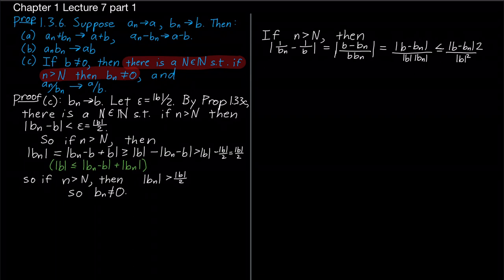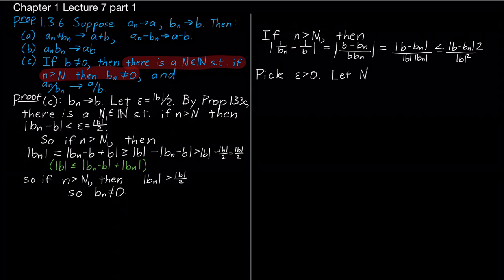So now we do our usual trick, pick epsilon greater than 0. Actually, let's go back and name this first N we found. Let's call it N1 because we're going to have an N2 coming into play.